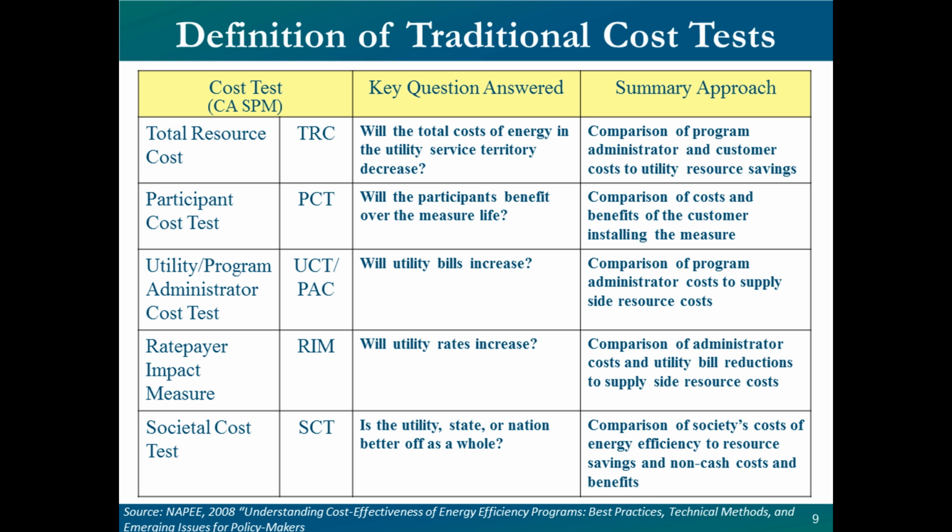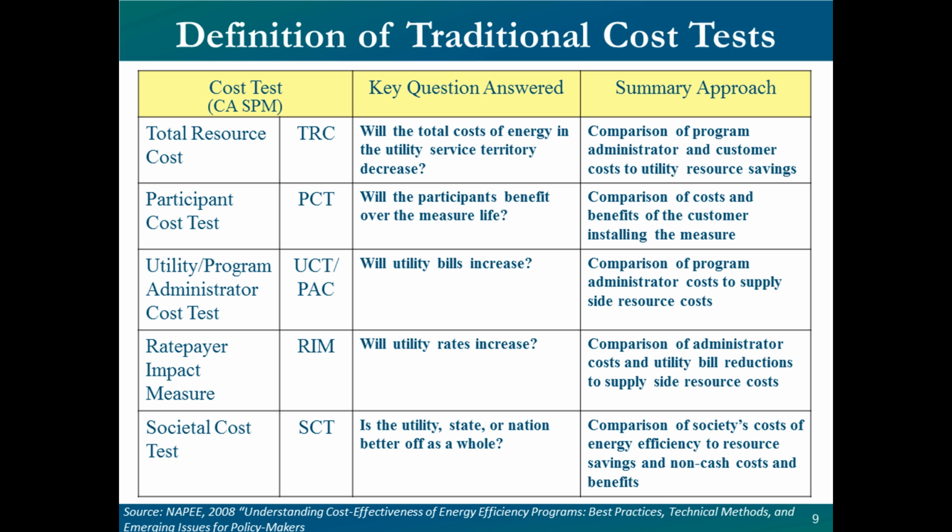As Ian mentioned, there's a lot of debate about which is the right test or the wrong test. To me, I think the easiest way to understand it is that each test answers a different question. So you could ask which one's the right or the wrong test for doing screening or deciding which programs to fund. But essentially, each test is a legitimate test. It just answers a different question.